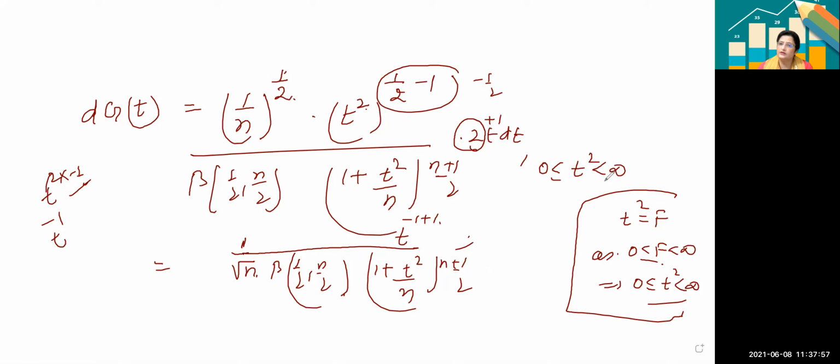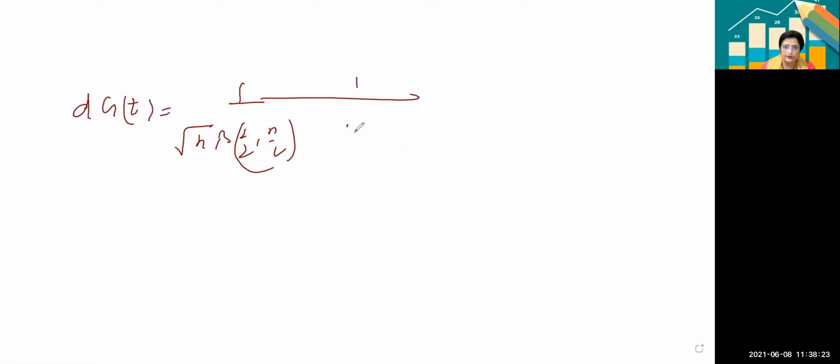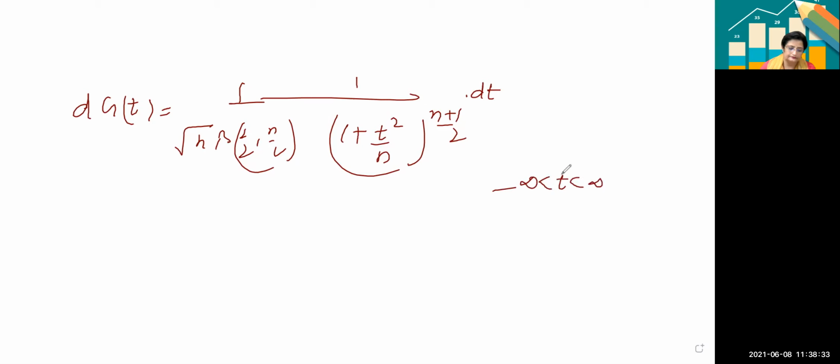T square is lying between 0 to infinity, and what about T? Now we have converted everything into T. We are not finding the distribution of T square, we have to connect it with T. So this becomes, therefore, finally dF of T. This is 1 by under root n Beta 1 by 2, n by 2, 1 was already there above, 1 plus T square by n raised to power n plus 1 by 2 into dt with respect to this condition.